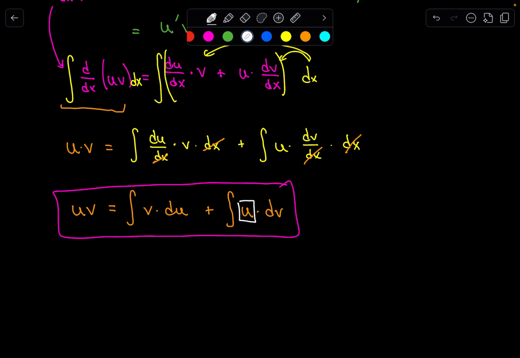I have something multiplied by something else. I have the integral of two things being multiplied together. And you may be wondering, well, dv is not itself a function, is it? Sure it is.